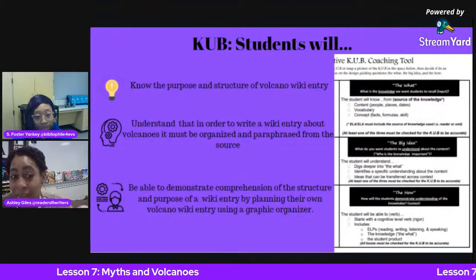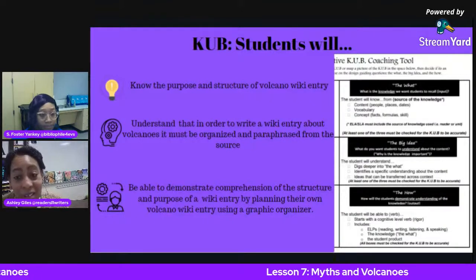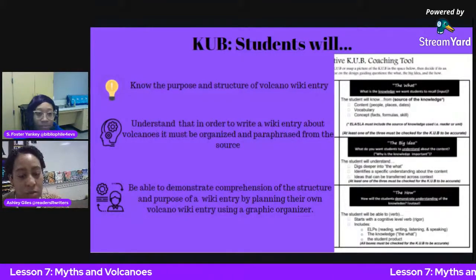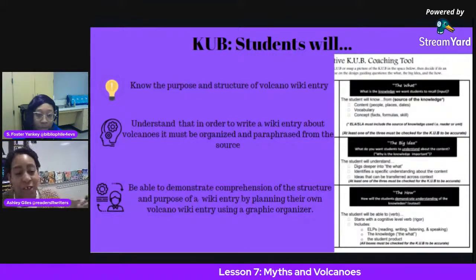You see how the writing is all spiraling, taking these direct quotes and putting them into your own words. That's what they learned in that grammar lesson, quotations. But now you're taking these quotes and paraphrasing them into your own words in your wiki entry. I just see how it's all connecting.